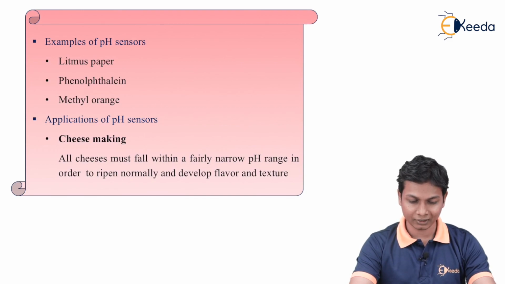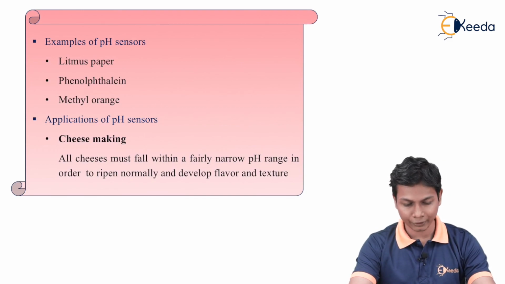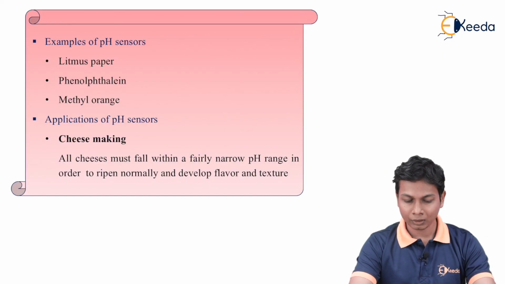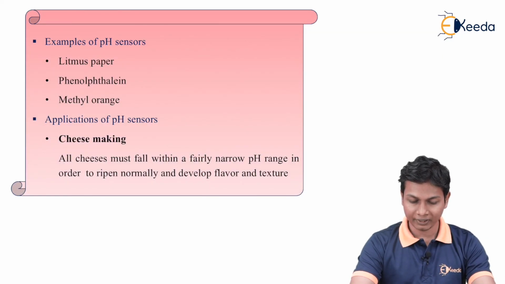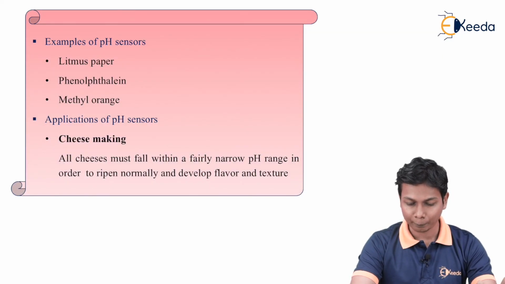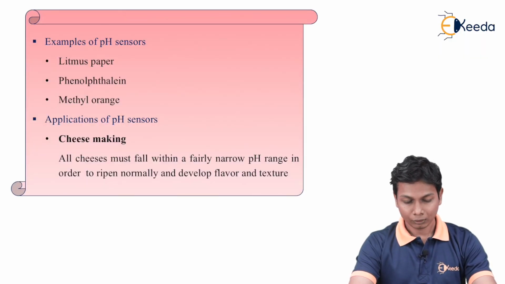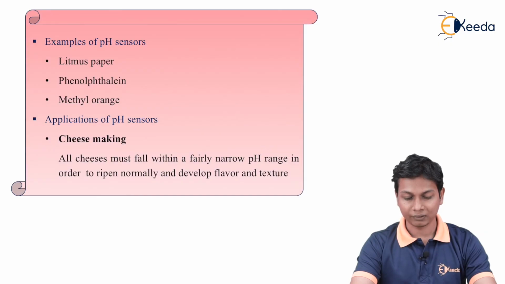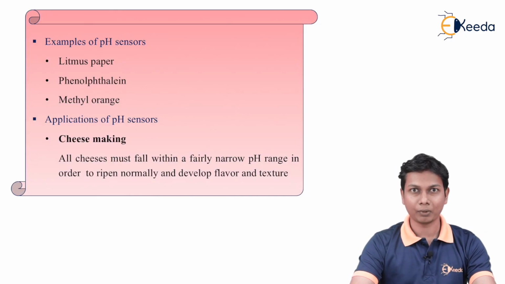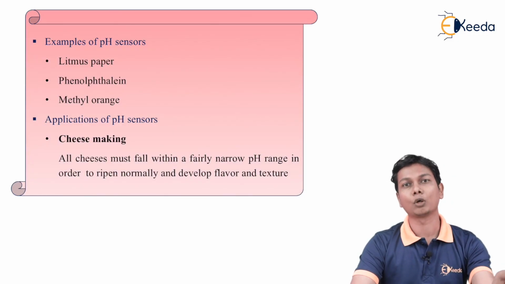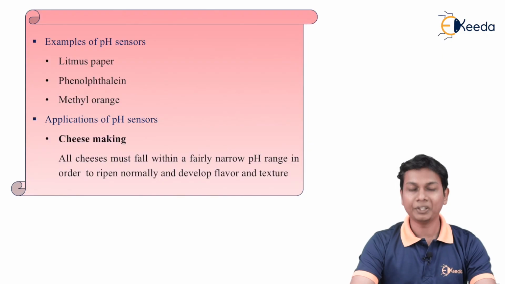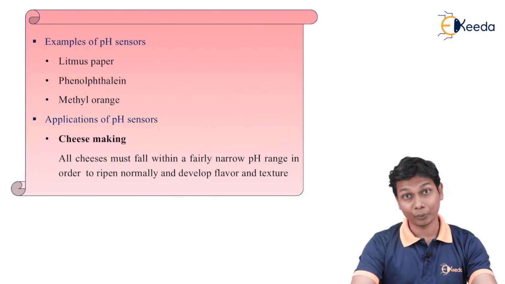An application of the pH sensor is cheese making, where all cheese must fall within a fairly narrow pH range in order to ripen normally and develop flavor and texture. So there are various types of cheese, and depending upon their ripening, a pH sensor plays an important role.